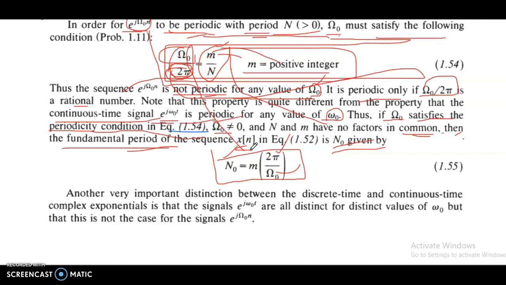So by cross multiplication, m comes here, 2 pi by the reciprocal of omega naught.